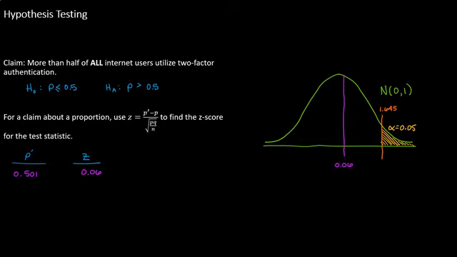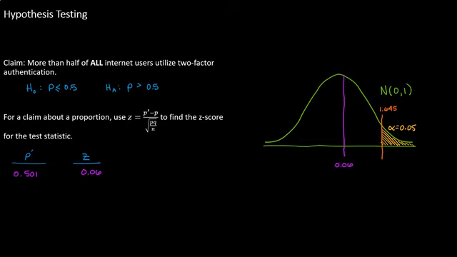So if we had gathered data from a sample and found that 50.1% of that sample uses two-factor authentication, we would fail to reject the null hypothesis, meaning we don't know if it's true or false. And that means we don't have enough evidence to support our original claim.